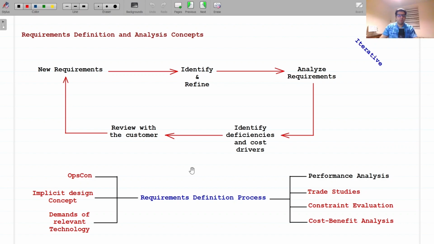Therefore, requirements definition and analysis is an iteration and balancing process that works both top down, called allocation and flow down, and bottom up. Once the top level set of system requirements has been established, it is necessary to allocate and flow them down to successively lower levels.